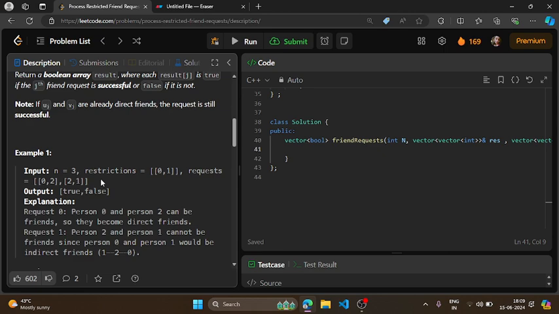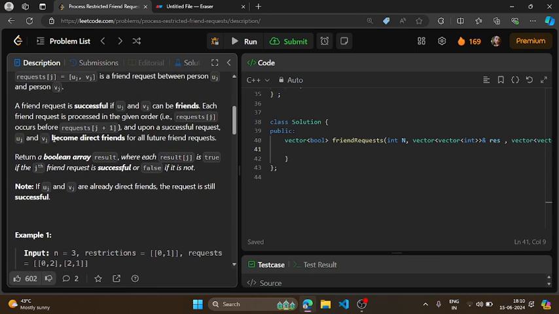Only then do we process our request, and return true or false on the basis of whether the two can become friends or not. Here 0 and 2 could become friends, that's why we returned true, and here 2 and 1 cannot become friends, that's why we returned false. If u and v are already direct friends, then the request is still successful.